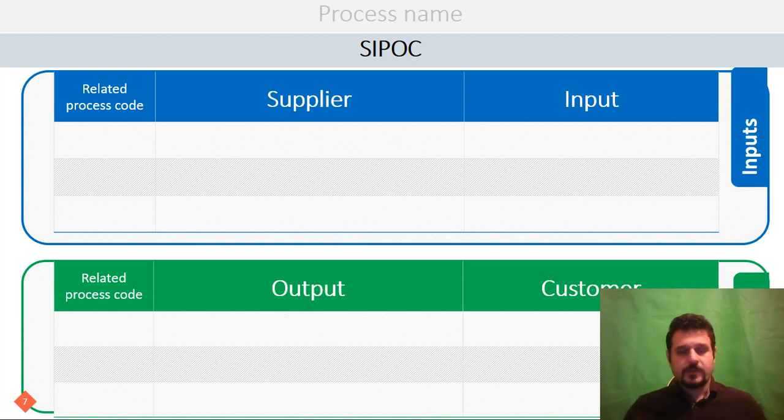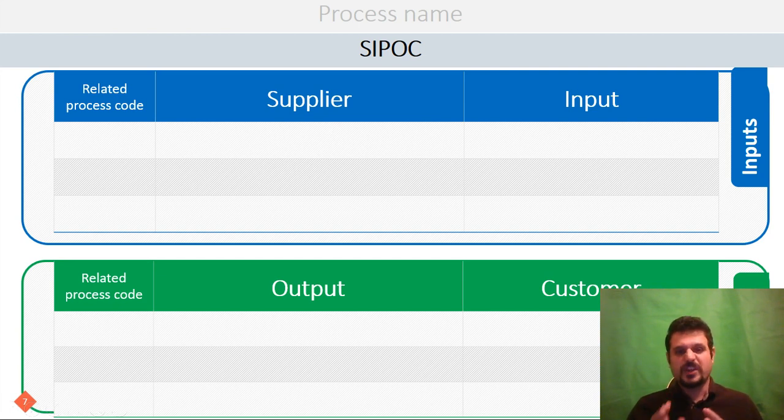Come back to the example, the purchasing process. The purchasing process needs, for example, a purchase order as the first process, then purchasing, and then, for example, payment or invoice. Here we should write the name of the process as a supplier.